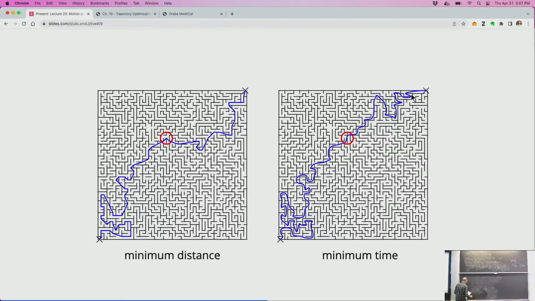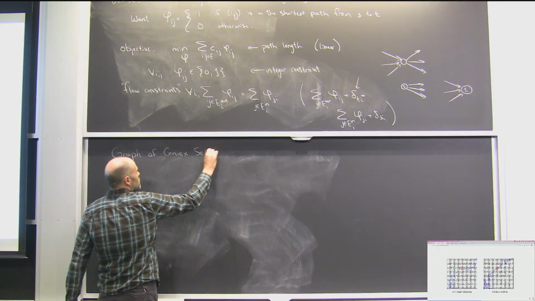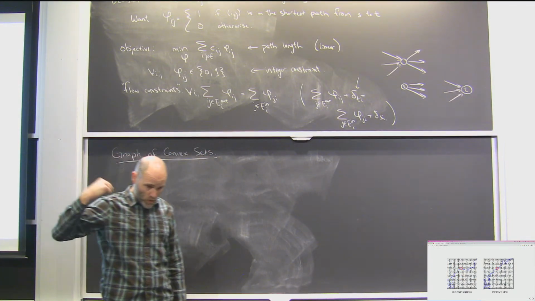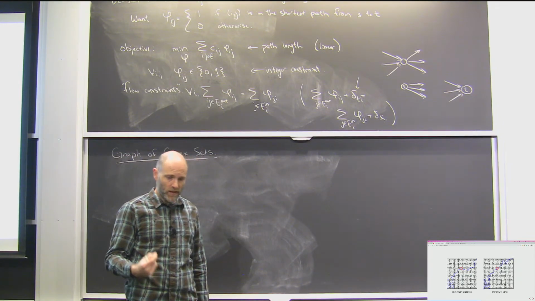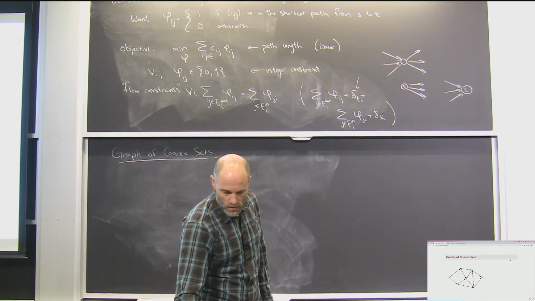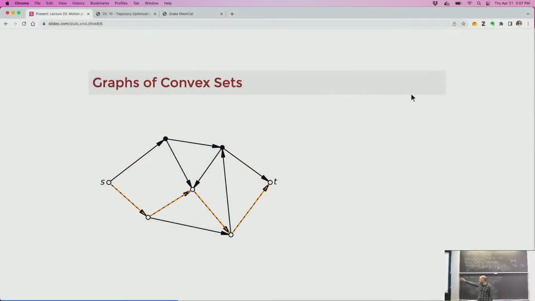The way we think about this nowadays is using this framework called graphs of convex sets. I want to take that thing that works well for discrete graphs and introduce some continuous variables. The picture here is I've got my arbitrary graph and I found some shortest path on it.